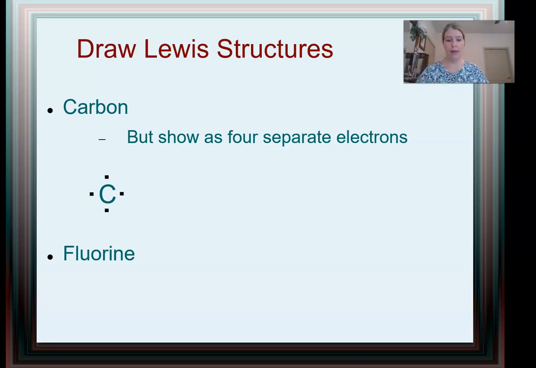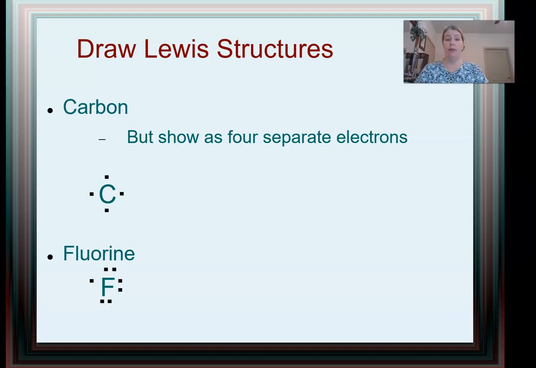So I'm going to have my F, and I'm going to start at the top and go around, 1, 2, 3, 4, and now I have to pair up, 5, 6, 7. And so you can see pretty easily using this Lewis diagram why fluorine will form a 1 minus ion, that empty spot over there on the left of the F, and why fluorine only forms 1 covalent bond. It has 1 unpaired electron to share in a covalent bond.